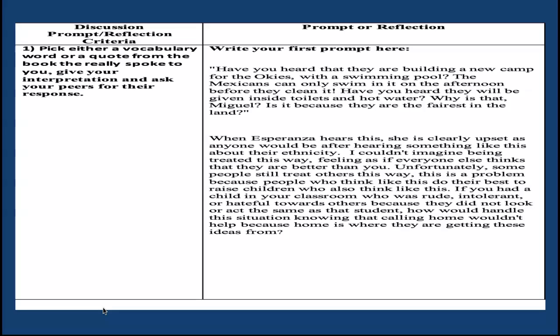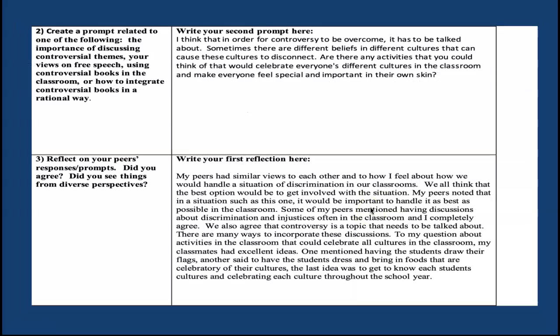The student came up with a pertinent quote from there, and then she came up with a prompt relating to the character, and then to how you would use it in the classroom, and how people treat others differently, maybe because of the color of their skin or because they don't speak the English language as fluently. They have an accent, those kinds of things. And so how you would incorporate and eliminate this kind of issue in your classroom. So she made a prompt there.